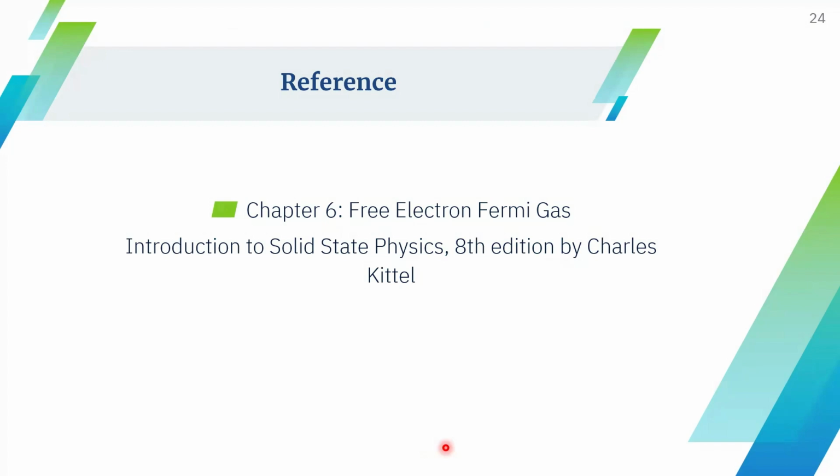Basically, in this presentation we have seen the basic idea of what a Fermi gas is and what the free electron gas model is. We saw free electrons in one dimension and also in three dimensions. The one dimension effect of temperature paves the way for the free electron gas in three dimensions. The important factor we saw is the density of states in the three dimensional case, which gives rise to the Fermi energy in 3D.